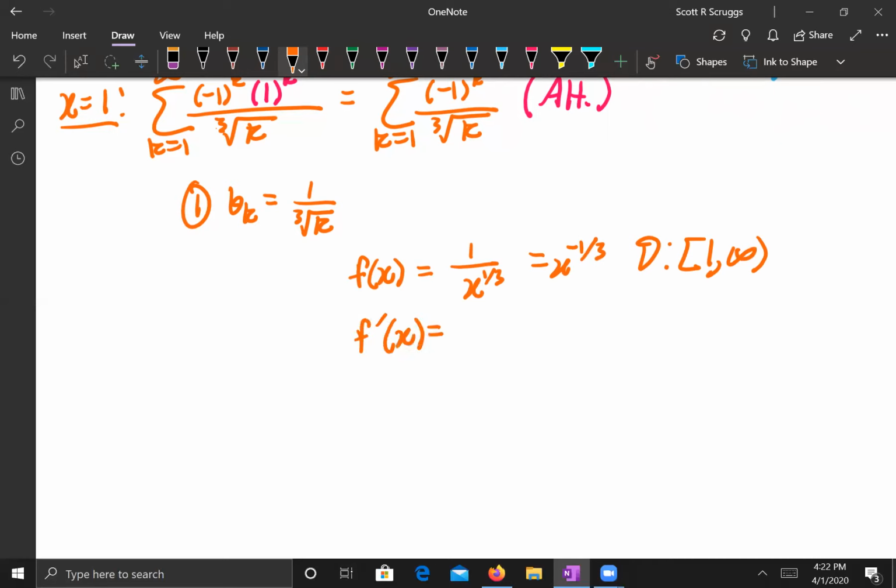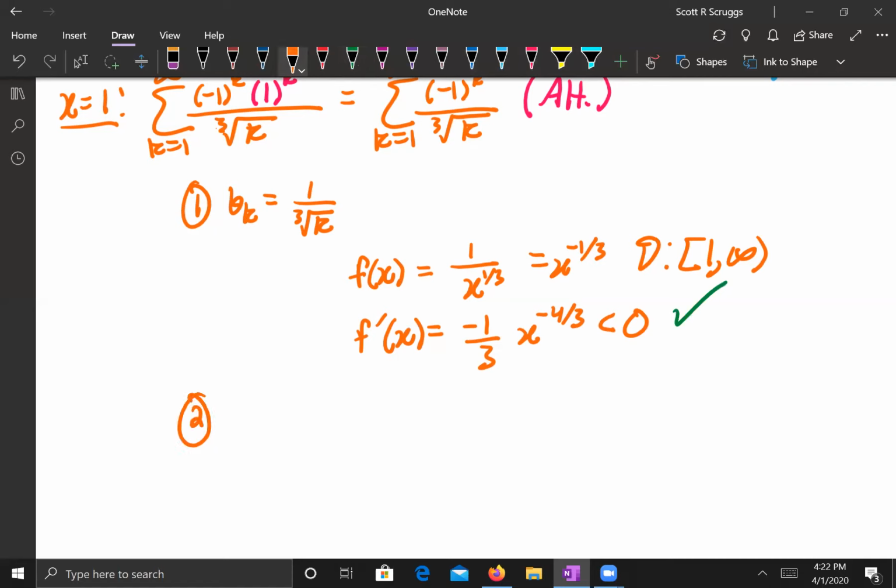My first derivative is negative 1/3 x to the negative 4/3. And I don't care what number you plug into that domain, you're going to get that will always be less than 0. So first condition is checked off.